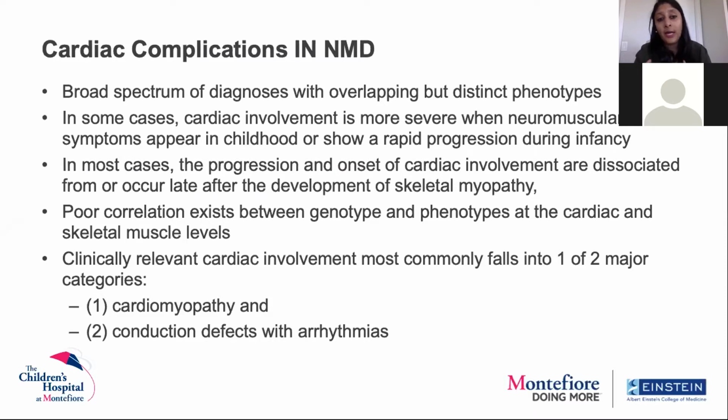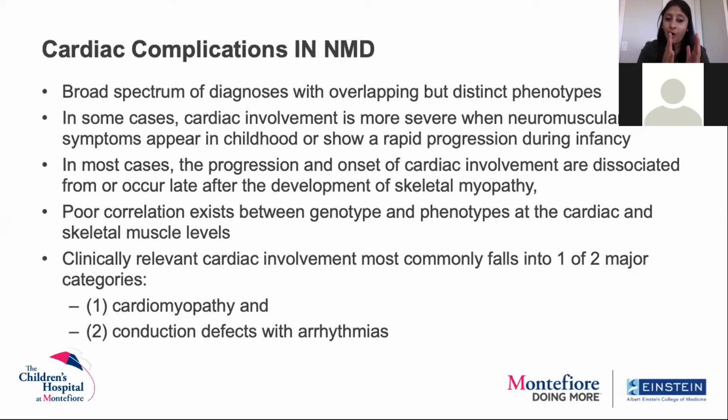And in some cases, or in most cases, the onset or progression of this cardiac involvement is dissociated from, or occurs later than, the development of the skeletal myopathy. There is not very good correlation between the genotype and the phenotype of the cardiac and the skeletal muscle.